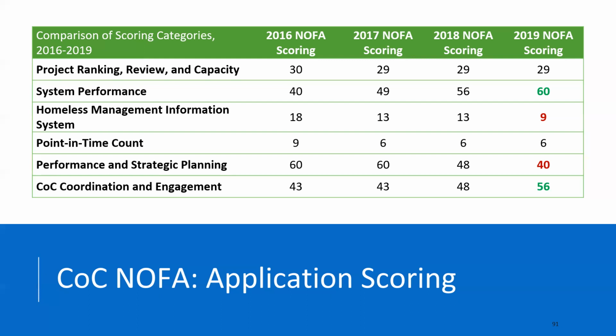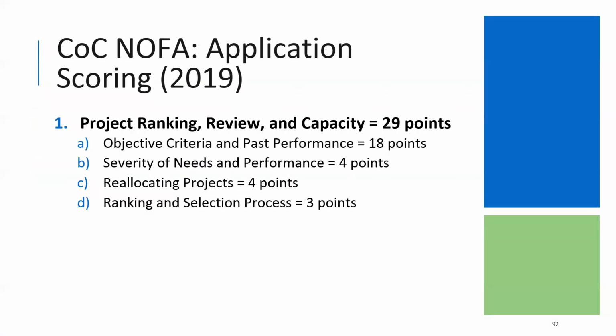HUD has really shown through how they're scoring the NOFA consolidated application that they're really interested in the data, what the data says, rather than just the CoCs explaining what their strategies are. So we're going to take each of those categories and just break it down for you what HUD is looking for. So this is based on the 2019 NOFA, which as of the recording of this webinar was the most recent NOFA information we have available.